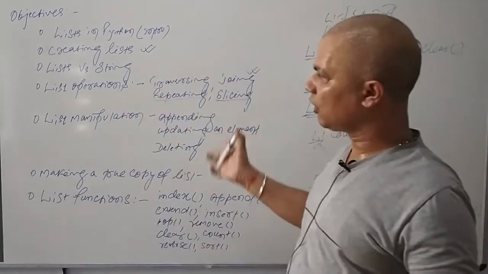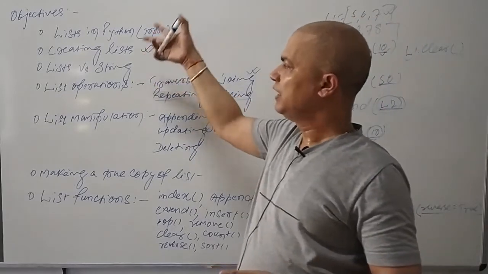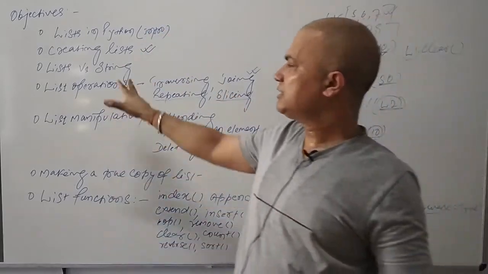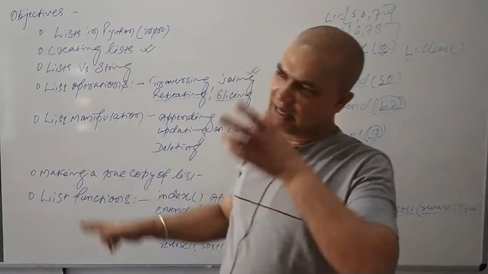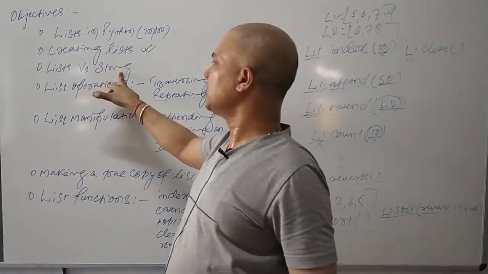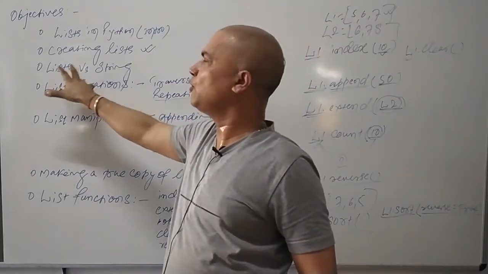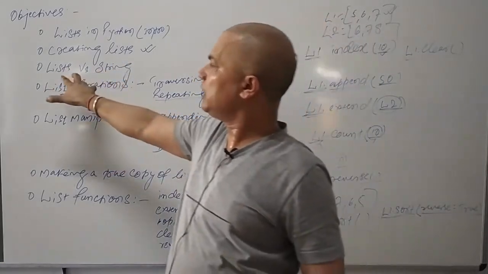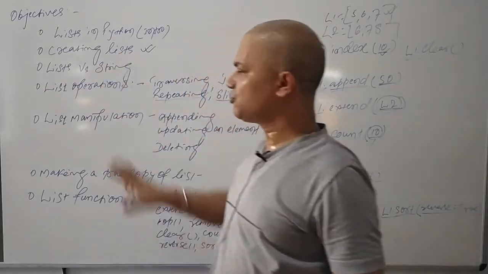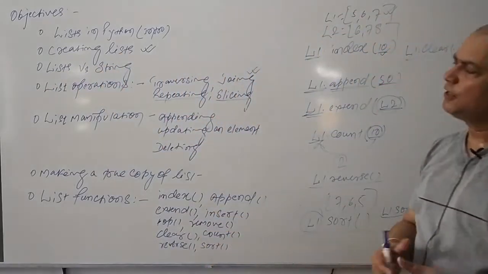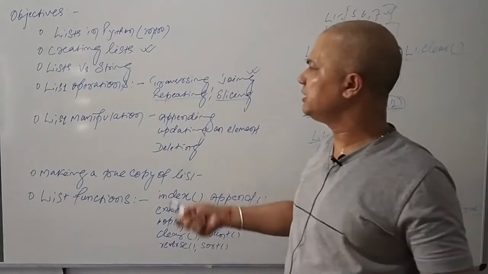Three methods I talked about. List versus string: a list is mutable, a string is an immutable data type. A list also has indices, a string also has indices. And list slicing is the same way as a string. A list stores the elements in a different way than a string. These are a few of the differences and similarities between list and string.